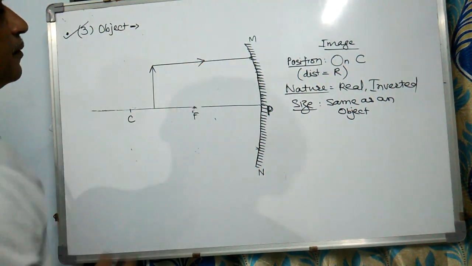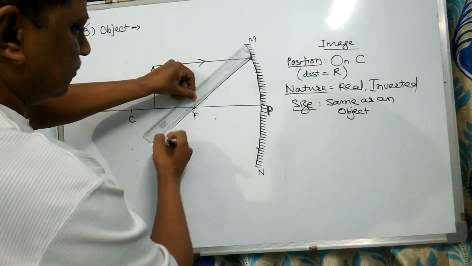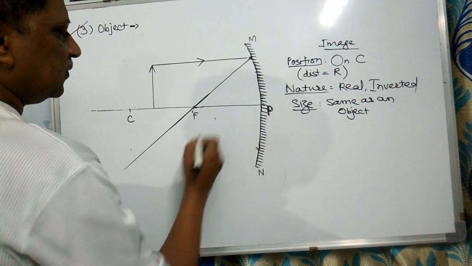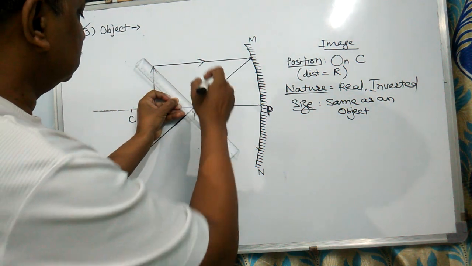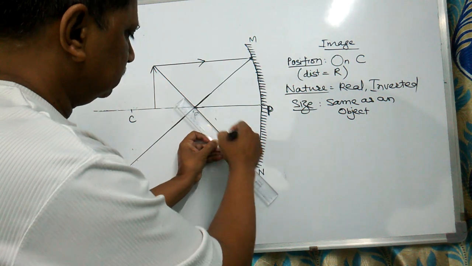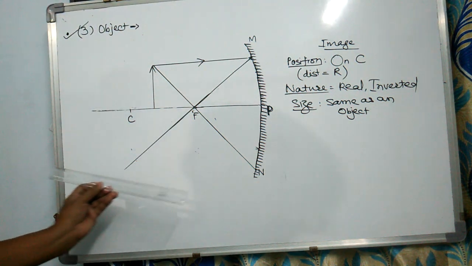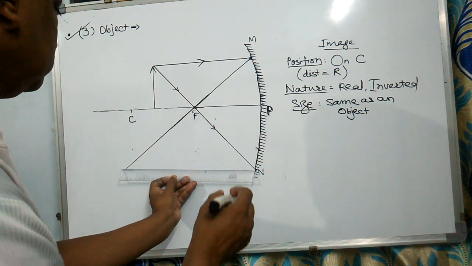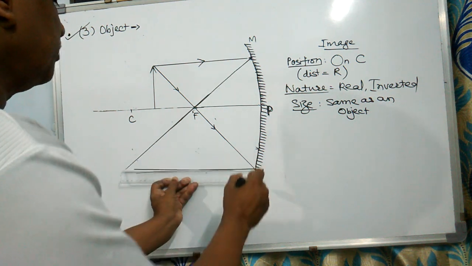First rule: parallel to the principal axis and passes through focus. Second: passes through focus, and after reflection it travels parallel to the principal axis.